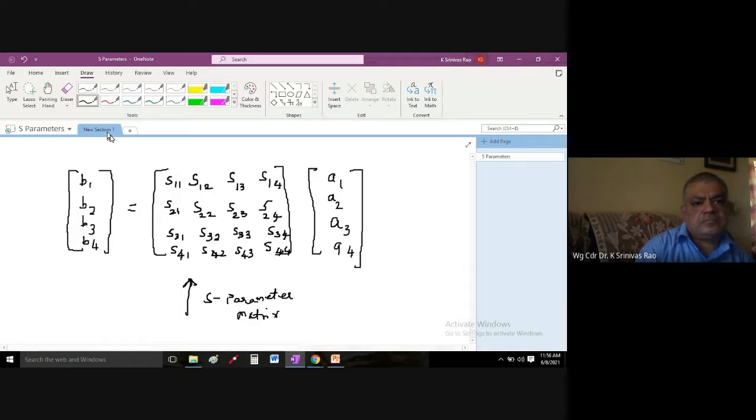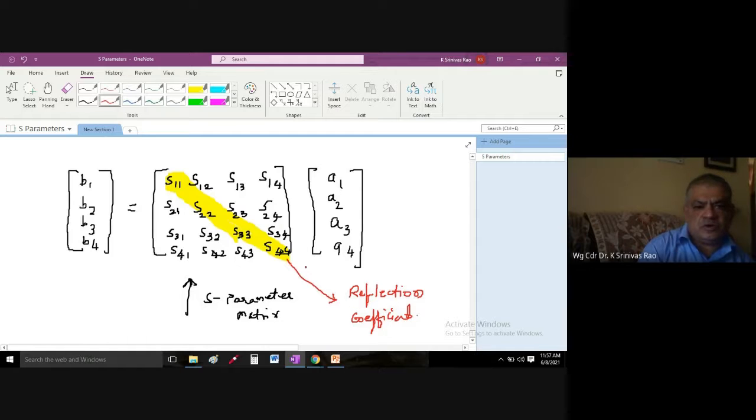Now, if I use these S11, S22, S33, and S44, all these diagonally placed parameters, what will they indicate? They indicate the reflection coefficient.